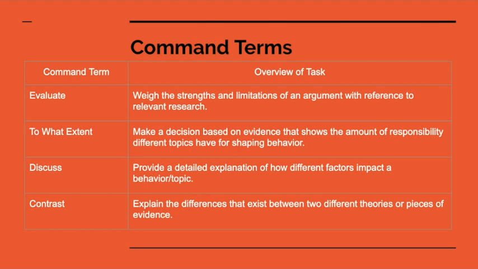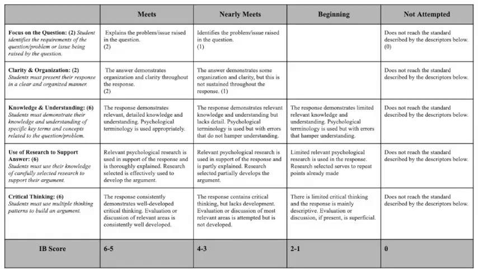In contrast, explain the differences that exist between two different theories or pieces of evidence. These are the only four command terms that IB will use when they ask you to write about an essay. So you should be aware of these four. Today, you will be choosing between an evaluate and a to what extent prompt.